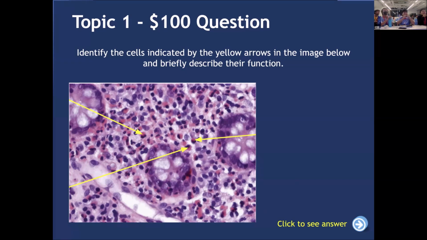Wait, are these oxyphil cells in the parathyroid? No, this is not parathyroid. Is that a capillary? Wait, no, down there, capillary. Guys, I think we're stupid. Wait, salivary gland actually makes sense. But what else? Goblet cells.